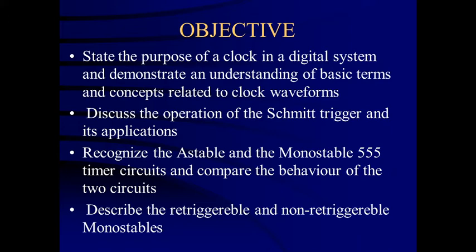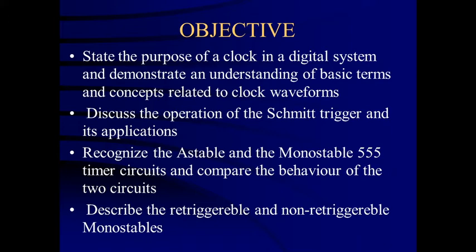Then we are going to study two important circuits using a 555 timer, that is astable and monostable multivibrators, and compare the behaviors of these two circuits. Then we are going to study a different IC which is available, known as retriggerable or non-retriggerable monostable.